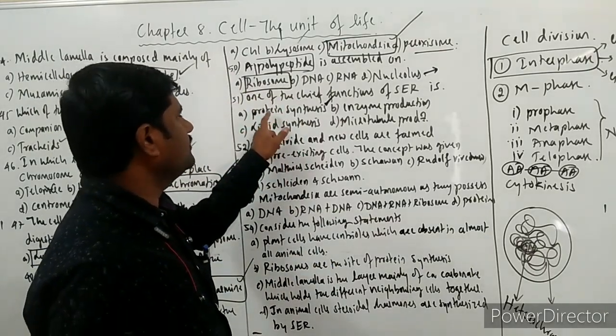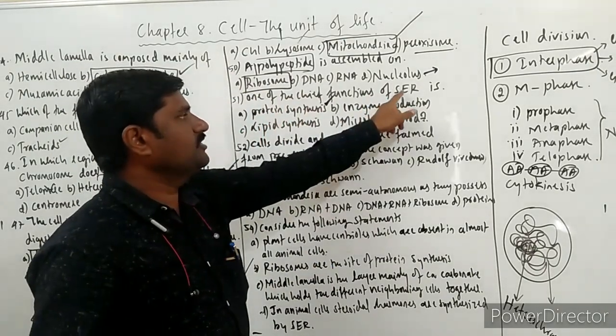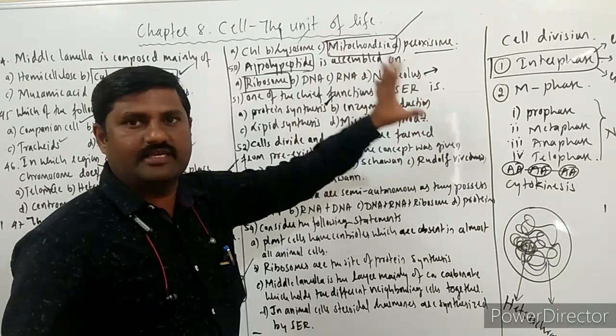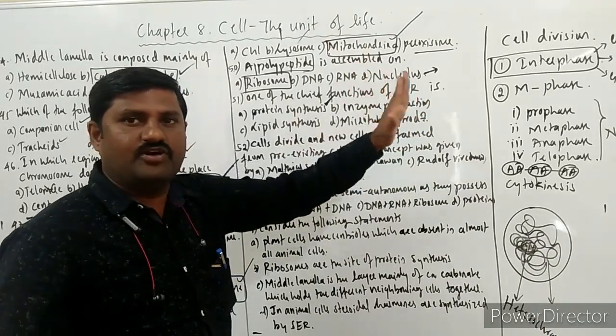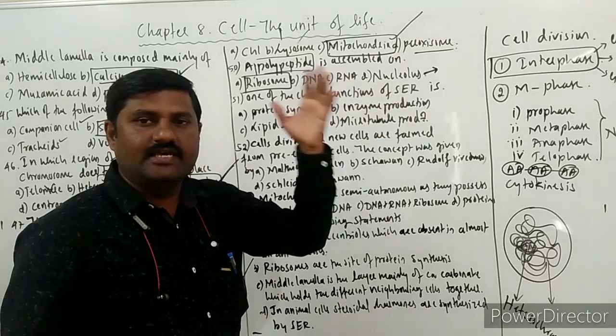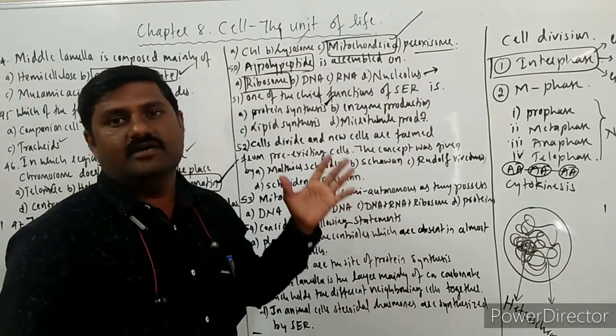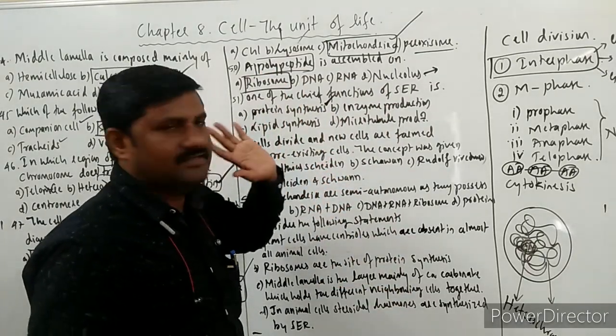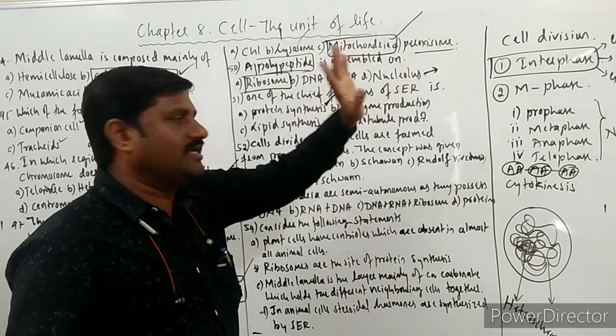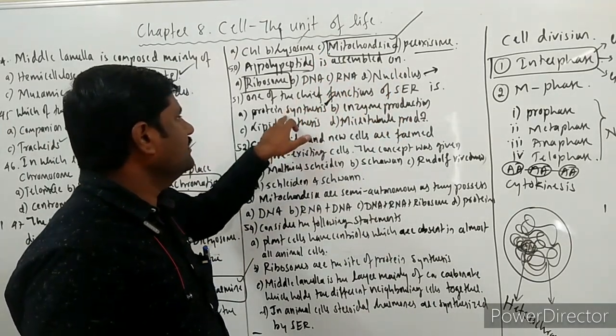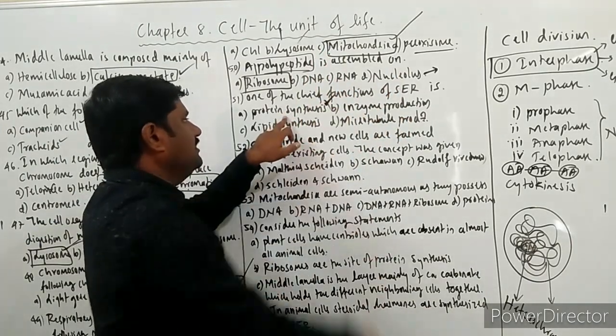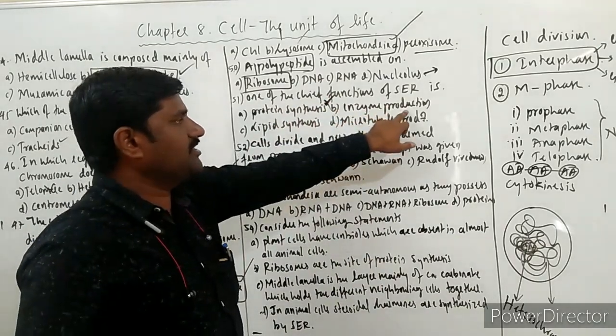That's why this is not the function of smooth endoplasmic reticulum. But one thing we must remember, rough endoplasmic reticulum is indirectly involved in protein synthesis, but not smooth endoplasmic reticulum. So that's why this is not the correct answer for this question. Enzyme production.